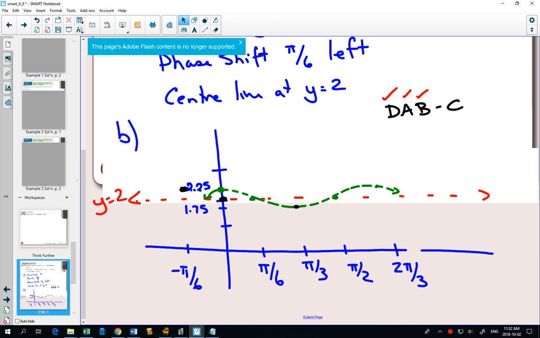This point at the minimum, shifted pi over 6 to the left. Pi over 6 to the left, pi over 6 to the left. And there we have our final graph. Oh, we forgot to check. We did the dotted line, and now we have graphed it completely.